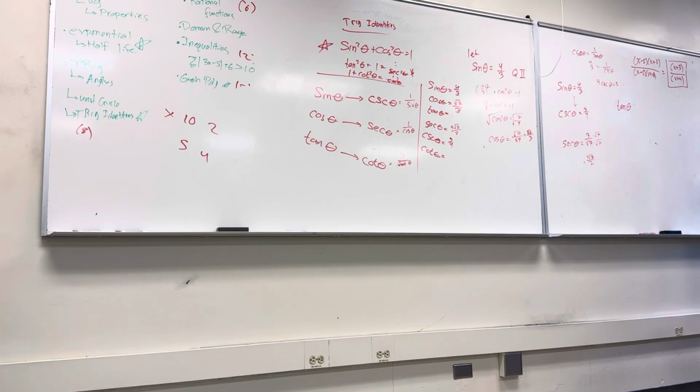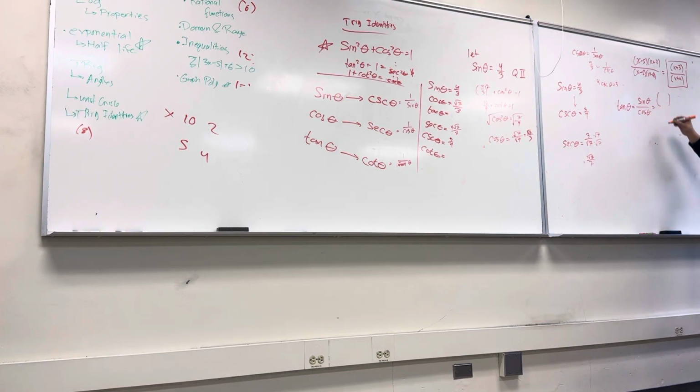Exactly. Another property that people take for granted because it's usually how we define tangent is literally just sine of theta over cosine of theta. This is great because we already have sine of theta and cosine of theta, so all we got to do is plug them in where they belong.